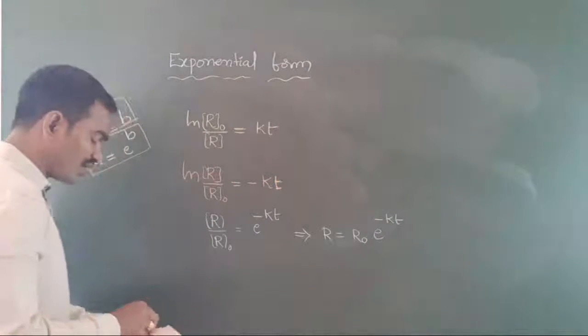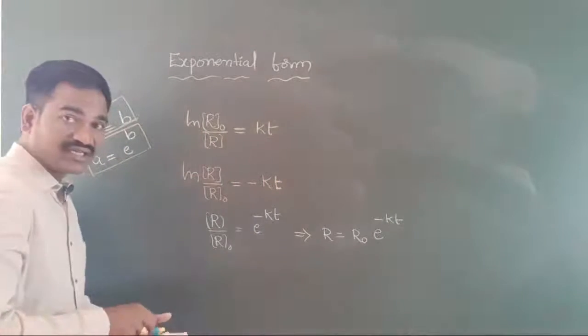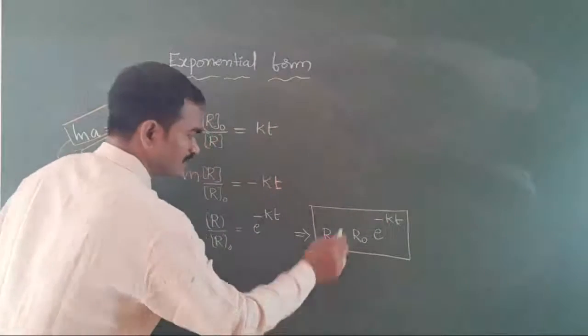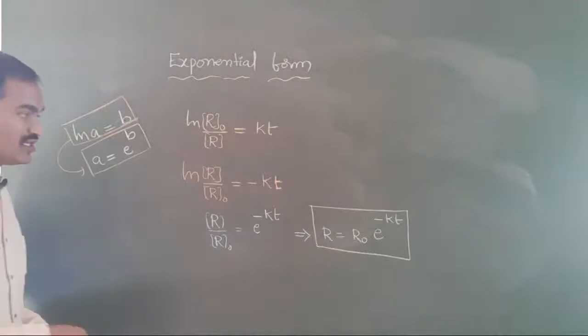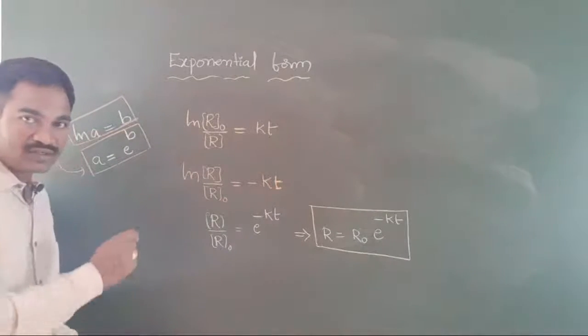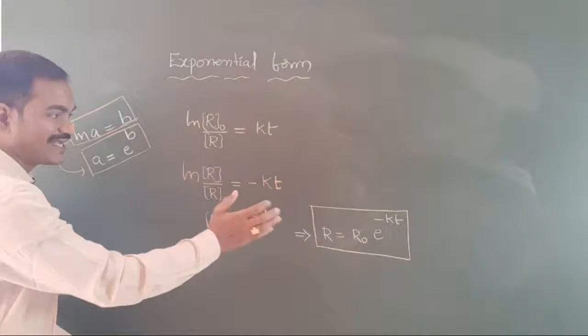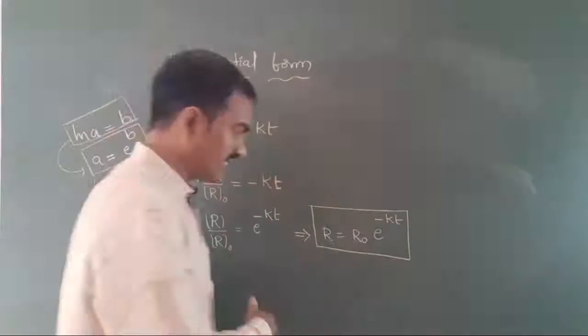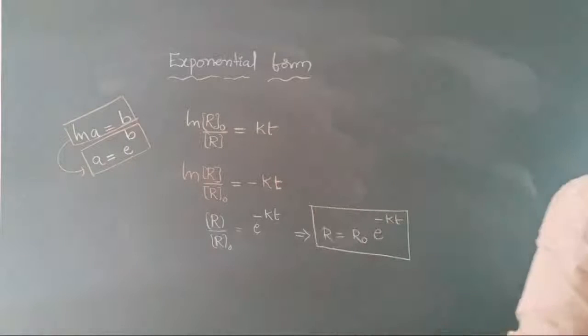This is the first order reaction, exponential form. So you have to take it like this. We should have clarity on the exponential form. Take it down, all of you, clearly take it down.